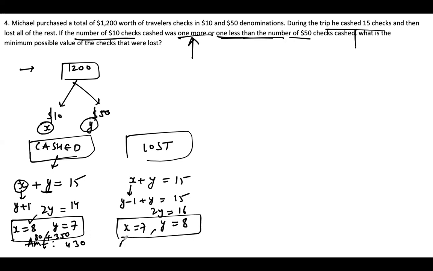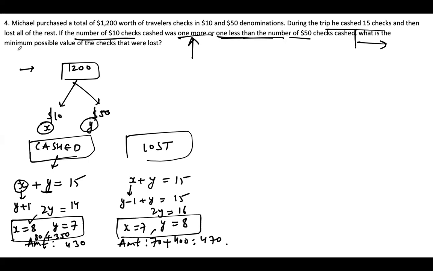So 430. What will be the amount here? The amount here would be 7 $10 checks, so 70, plus 8 $50 checks, so 50 into 8, 400. 470. Now see what the question is asking.